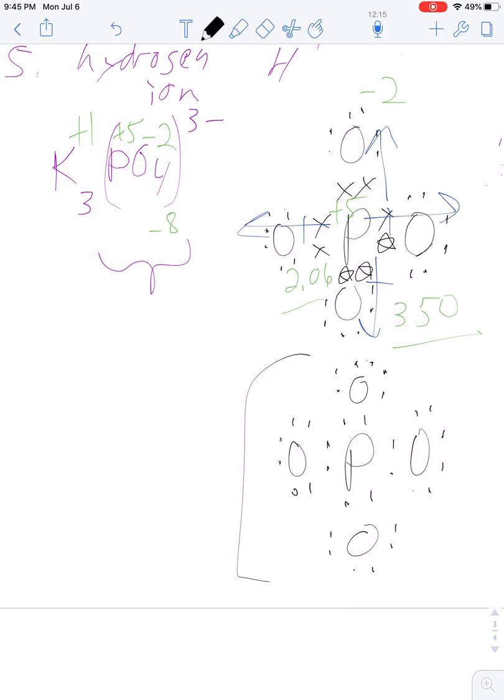All you know is this entire thing has a 3- charge, and that the oxygens are behaving as if they're -2 and the phosphorus is behaving as if it's +5. So that's how that one goes.